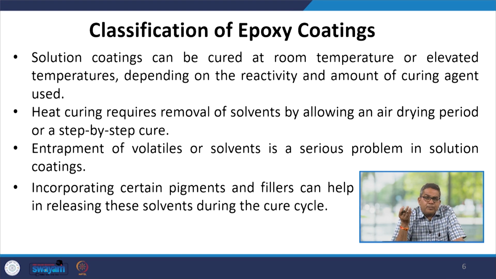Sometimes entrapment of volatiles or solvent is a serious problem in solution coating. Pigments and fillers are very useful to impart the desired properties in the coating, and therefore their incorporation cannot be overlooked. Incorporating certain pigments and fillers can help in releasing these solvents during the cure cycle.